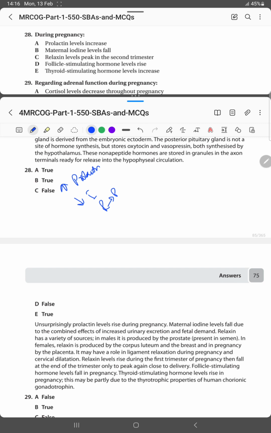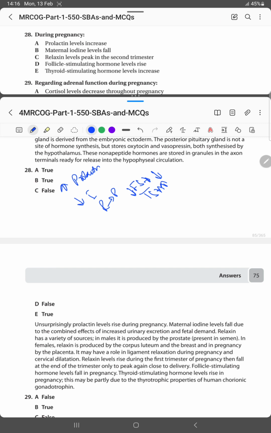Relaxin levels rise during the first trimester of pregnancy, then fall at the end of the trimester, only to peak again close to the delivery. The follicle stimulating hormone levels fall in pregnancy, and thyroid stimulating hormone rises during pregnancy, and this may be partially due to the thyrotrophic properties of human chorionic gonadotrophin. Now let's see our options.